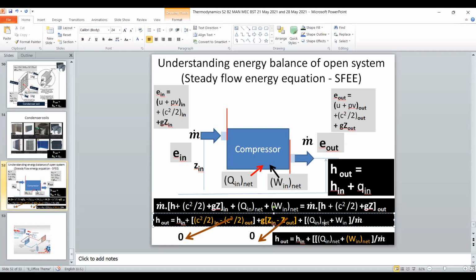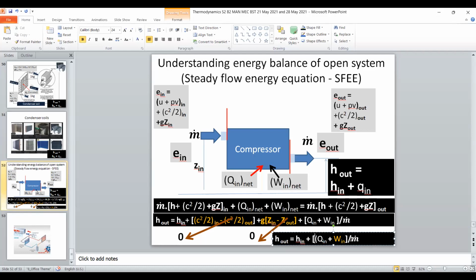So for compression, just put Q in. As long as you understand, that is good enough. Now we have H out is H in plus Q in plus W in.